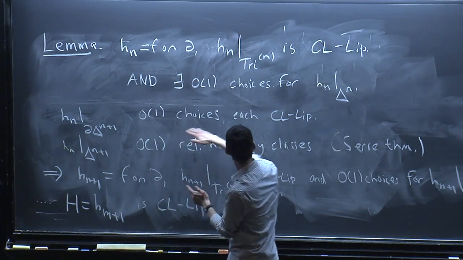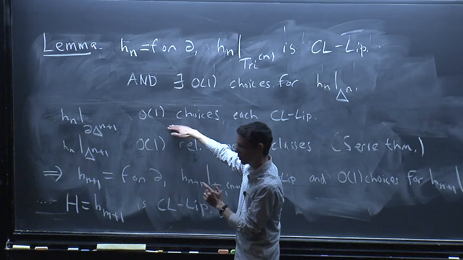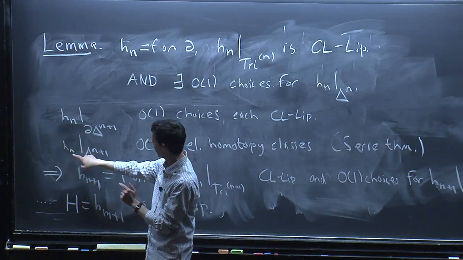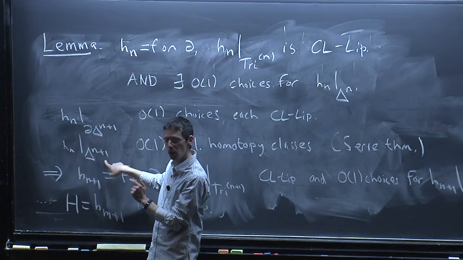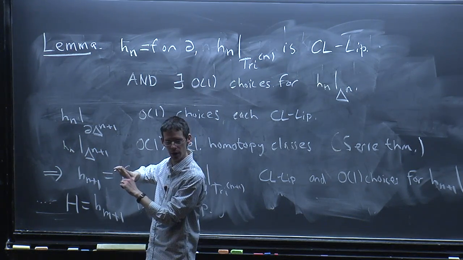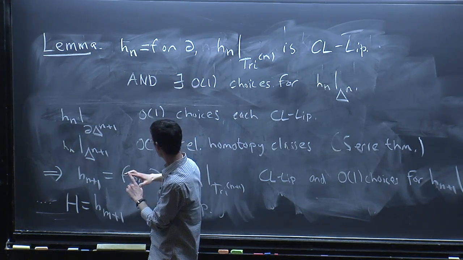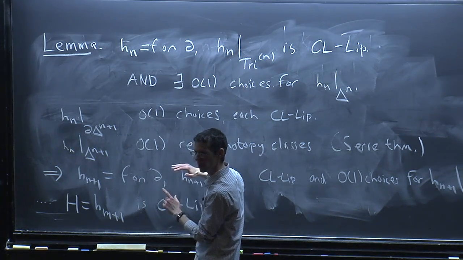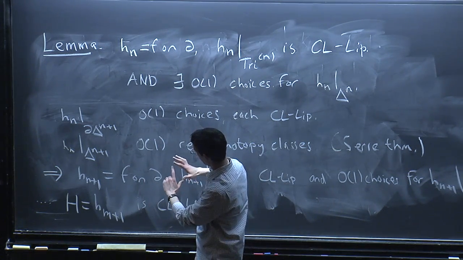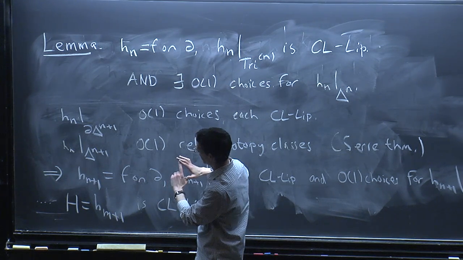And there are only finitely many choices for what it could be doing. And then I look at Hn on the interior. And I'm going to change Hn on the interior, but I'm going to change it by a homotopy. And so I just look at its homotopy class. There's only finitely many choices of that. So there are actually only finitely many possibilities that I have to look at.